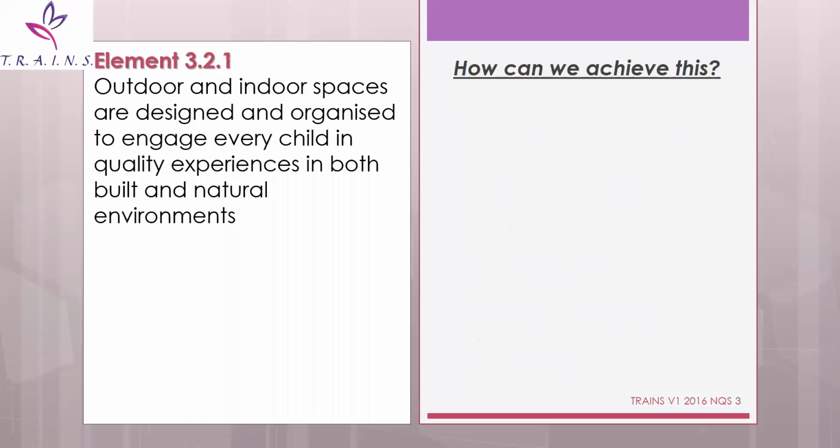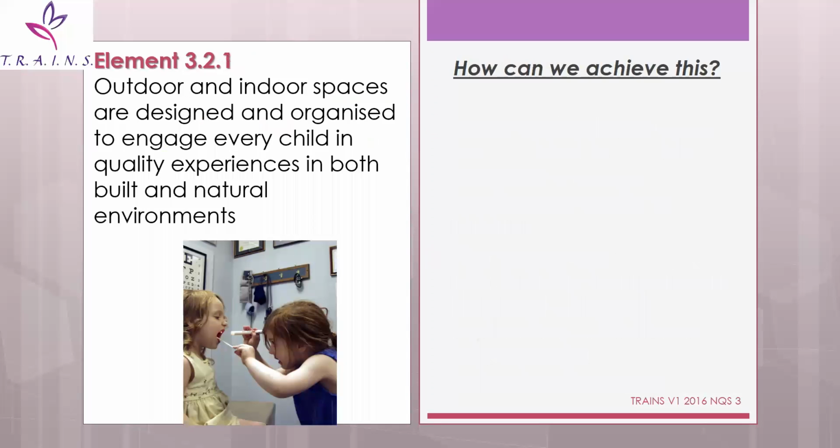How can we achieve this? The 3.2.1, that the outdoor and indoor spaces are designed and organised to engage every child in quality experiences. So you can see those words coming up again, okay? Every child, quality experiences in both built and natural environments.